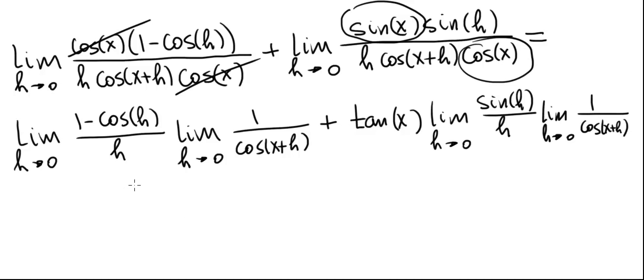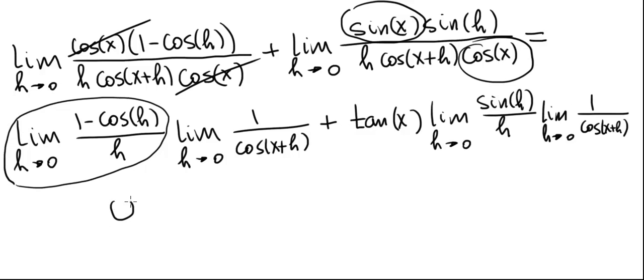Now result number 3, this is that limit and it is 0. So this is 0 times, it doesn't matter what the second one is. As h goes to 0, 1 over cosine of x plus h is 1 over cosine of x, which is secant of x.